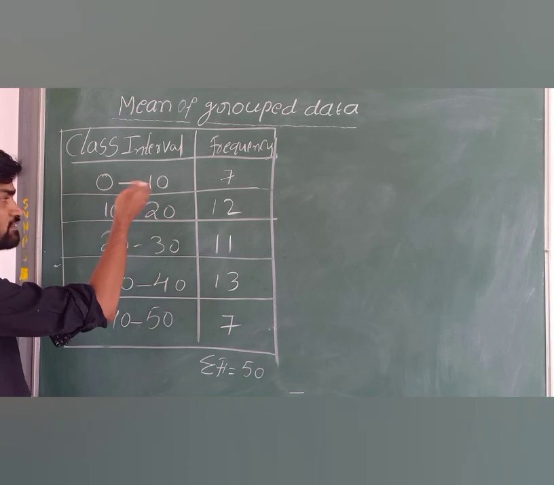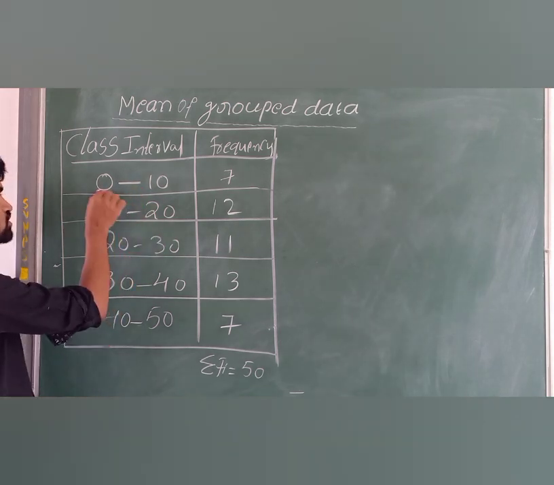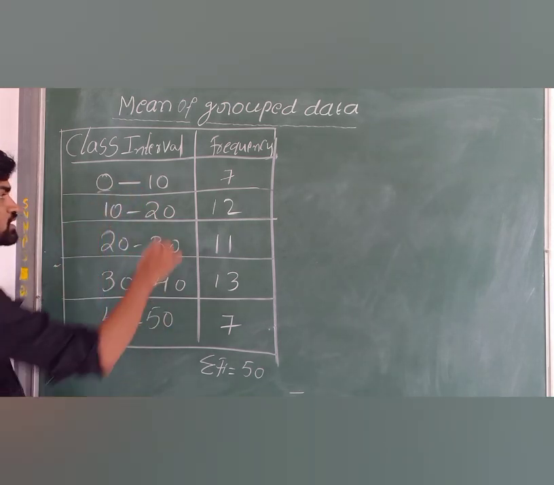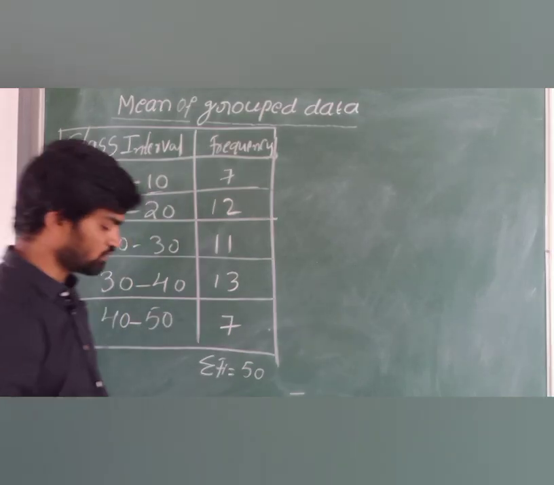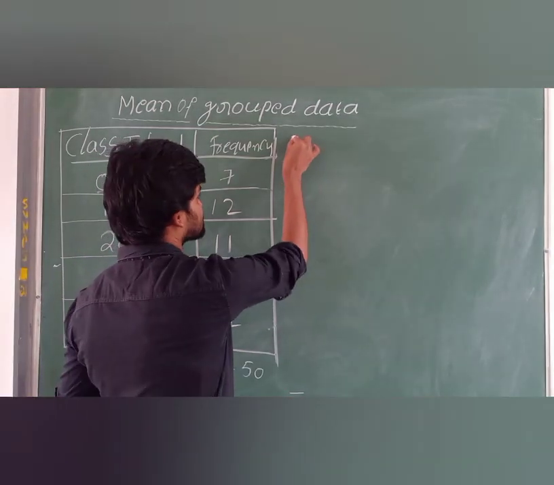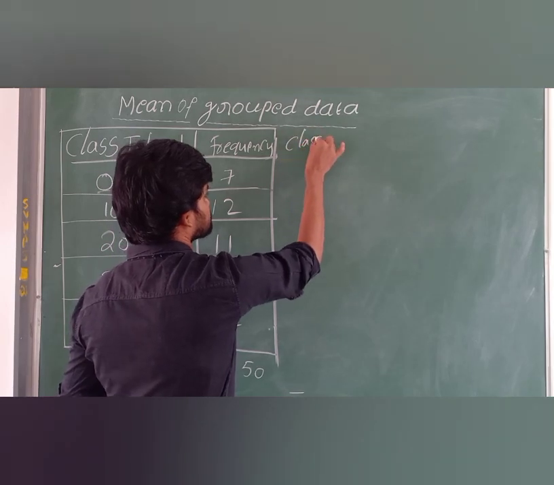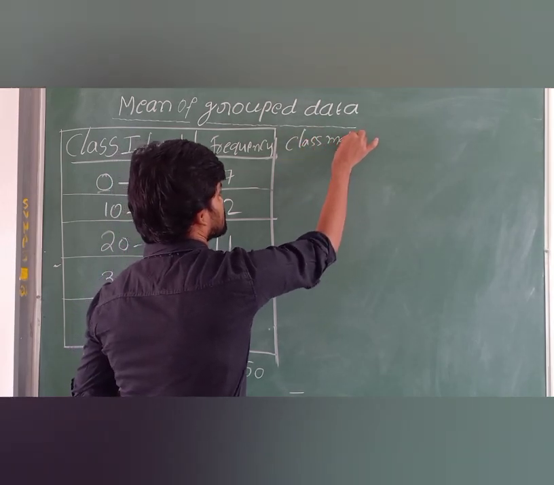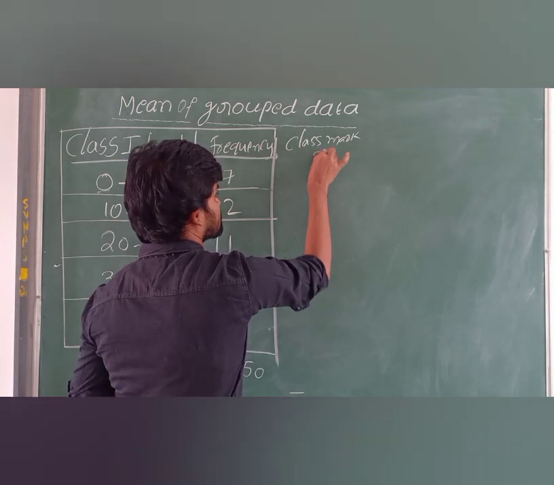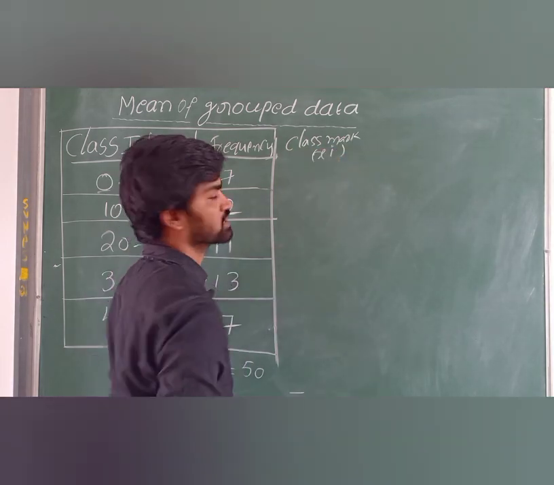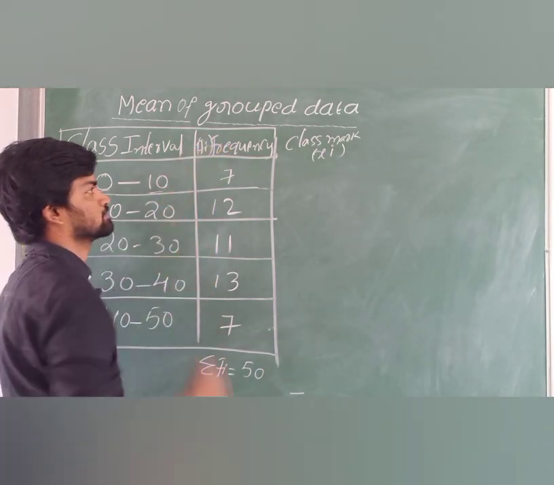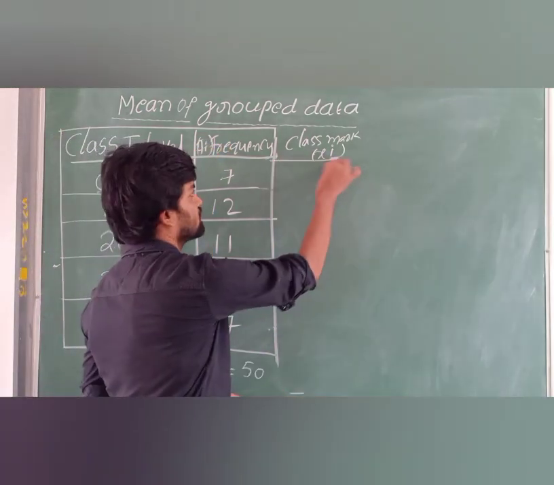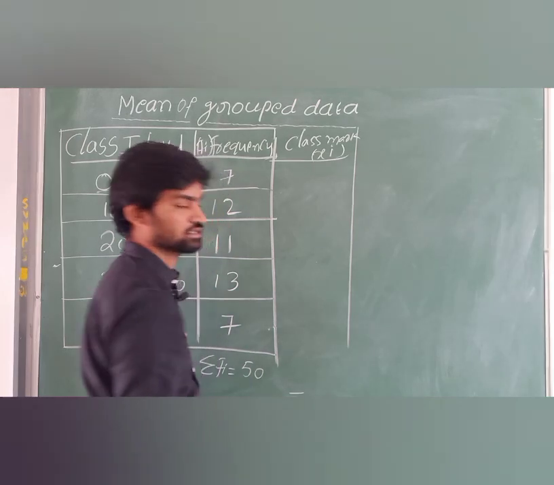This is called the lower class limit and this one the upper class limit. Now there is a word called class mark. This is Xi. Frequency, first letter F, so this is Fi.